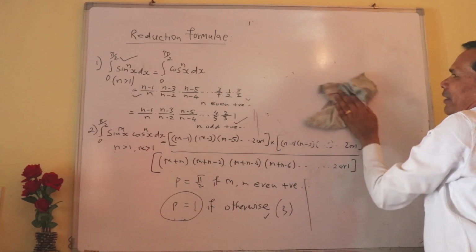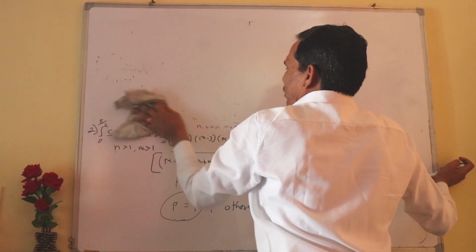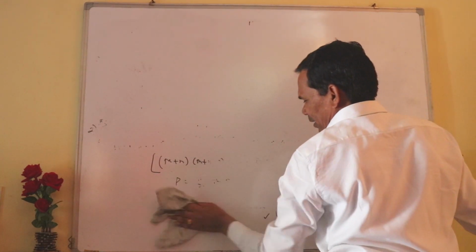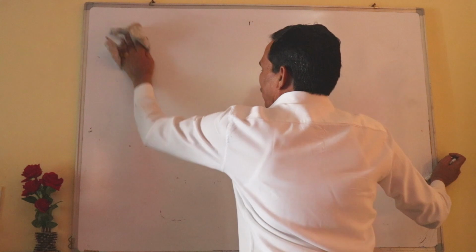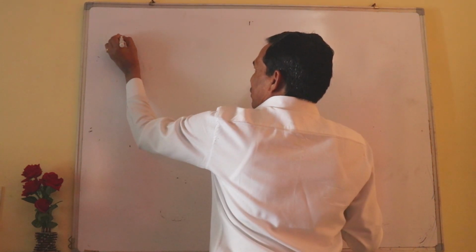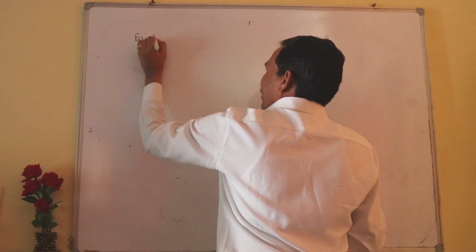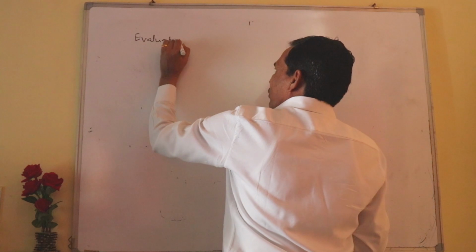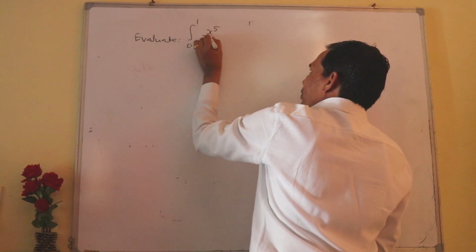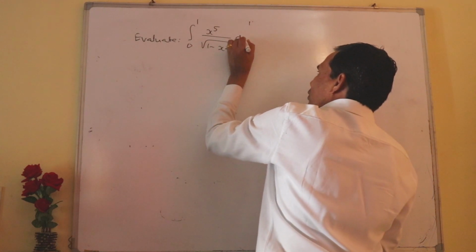Now similarly, if you would like to solve certain integrals based on this, it is reduced to the integral. Suppose I would like to evaluate the integral from 0 to 1 of x raised to 5 divided by root of 1 minus x square into dx.